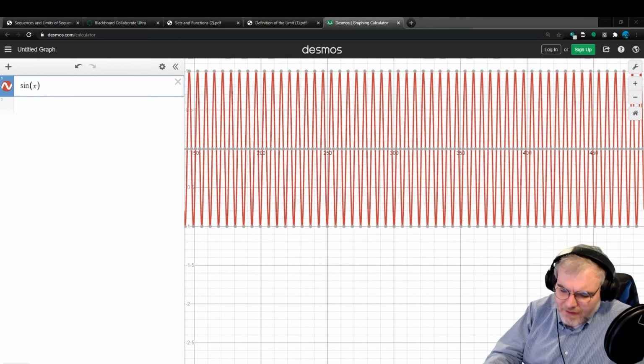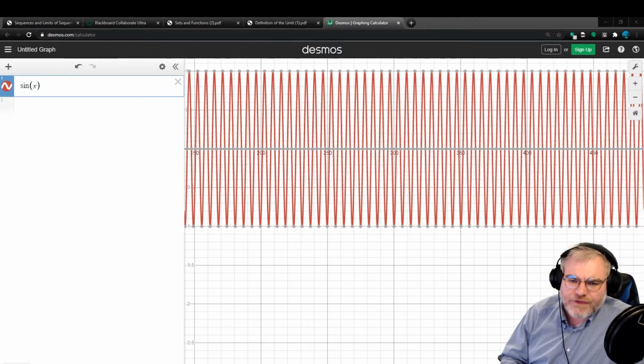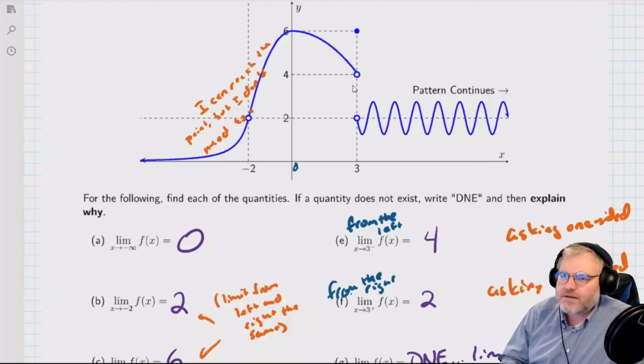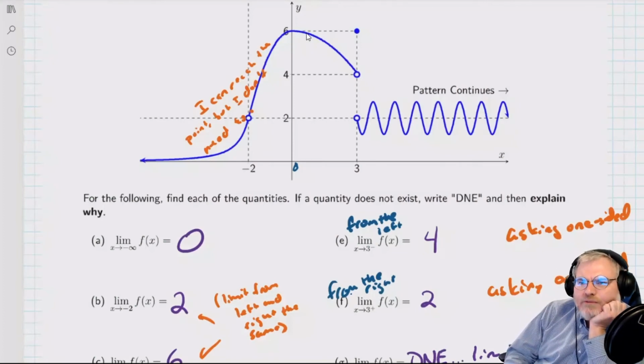Yeah. Okay, G. In part G, the limit from the left doesn't equal the limit from the right. So let's put this back on here. Do you see here in part G how as I come from the left, I'm heading to 4, but as I come from the right, I'm heading to 2? These two limits are not the same.